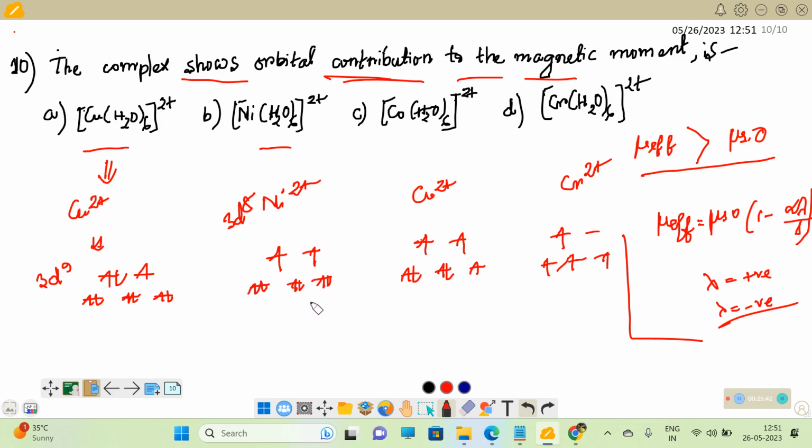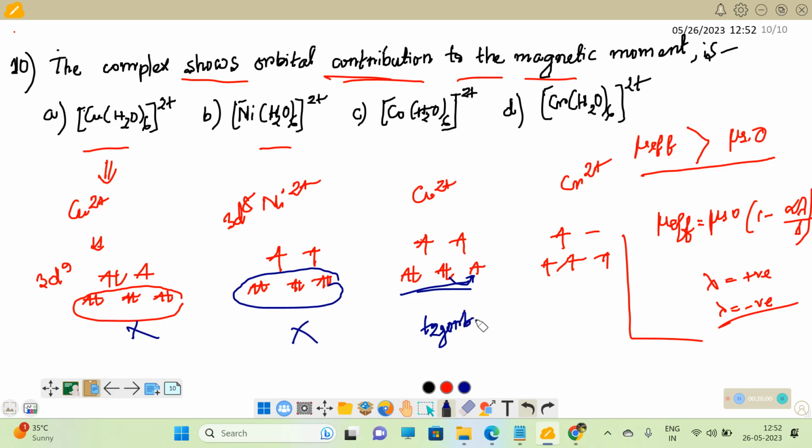Okay. So you can see here no exchangeable t2g orbital is present. Here also no exchangeable t2g orbital is present. Here you can see that we can exchange these electrons, so t2g orbitals are exchangeable. So this has orbital contribution actually.